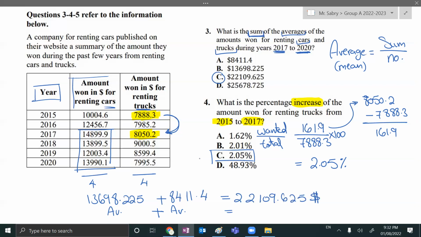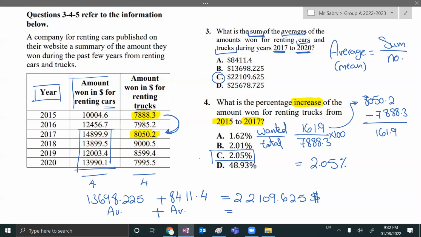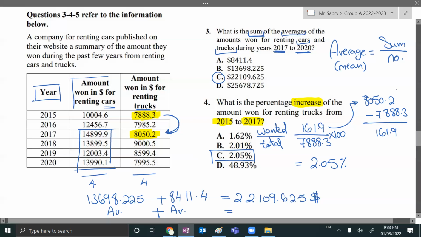I used another way. I divided the value of 1217, which is 8050.2, over 7888.3, and then I saw the difference, subtracted by 1 the value of C. Is this a lucky shot or does it work? No, it always works. So listen, what you did is mainly you got the percentage of this 8,000 and this 7,000, and then subtracted them.